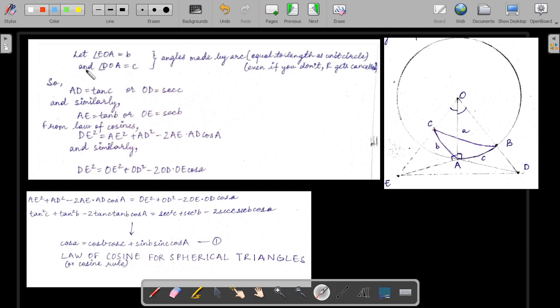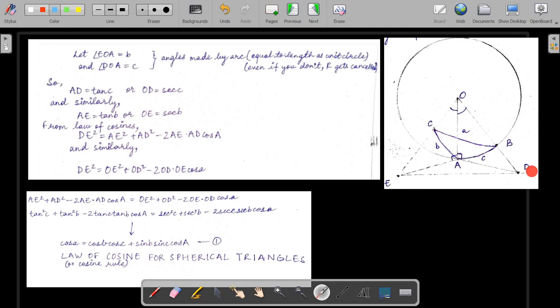Now we define angle EOA to be equal to B. This angle is the angle of arc B, of course, and this angle is the angle of arc C, and this angle DOE or BOC is the angle of arc A, because OE is just an extension of OB.